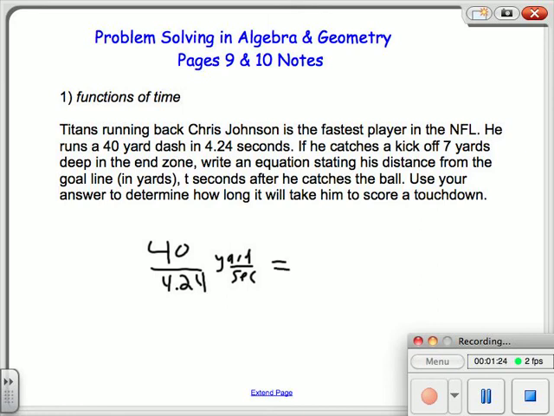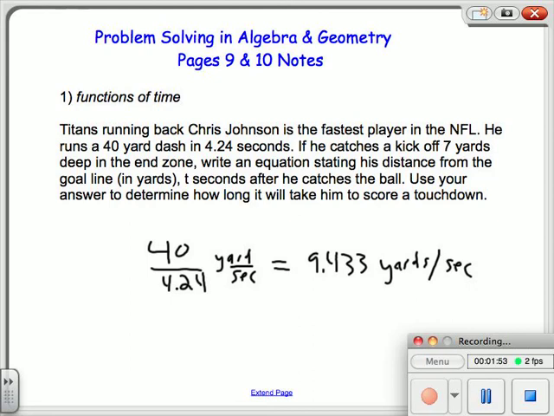So we can put this into our calculator, and it will give us a nice number of 9.433, and again this is in yards per 1 second. And it might be a good idea to save this number in your calculator for rounding purposes later on, because we always want to round our number at the very end of the problem.